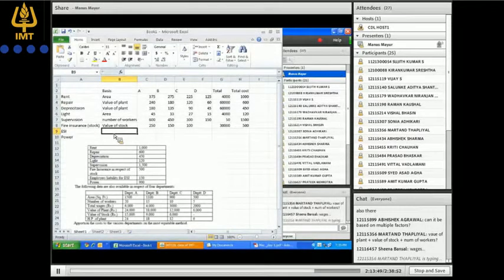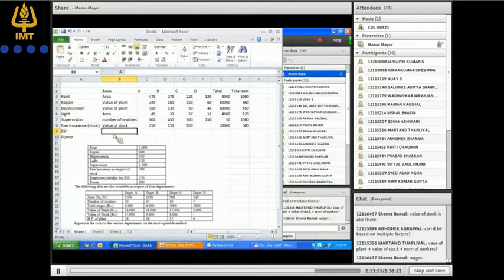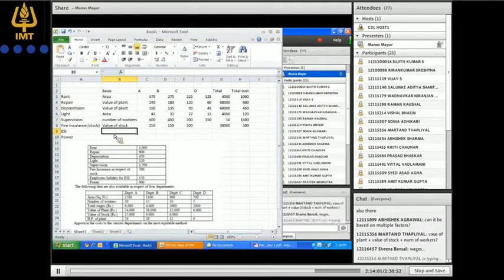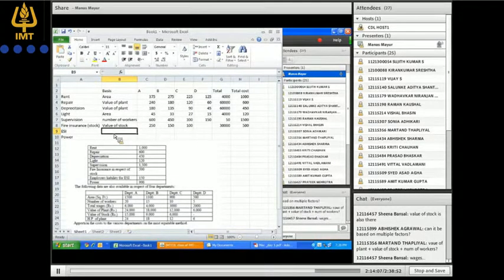Yeah, so employer's liability for ESI should be on the basis of wages. Okay, but then again, this basis can be questioned. You may find number of workers sometimes to be more appropriate, sometimes the wages.